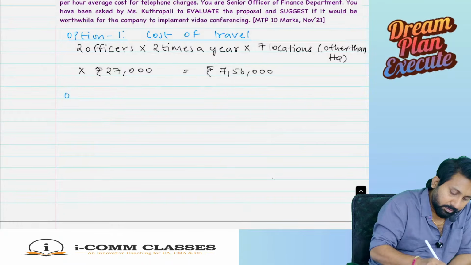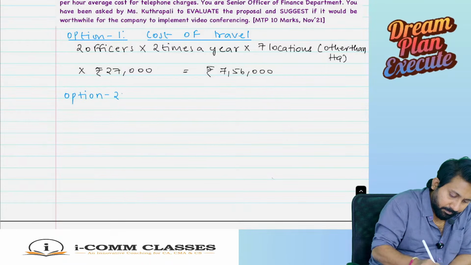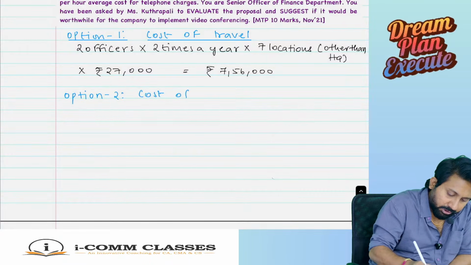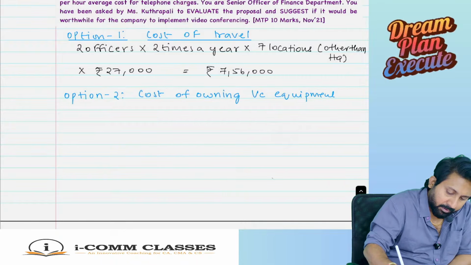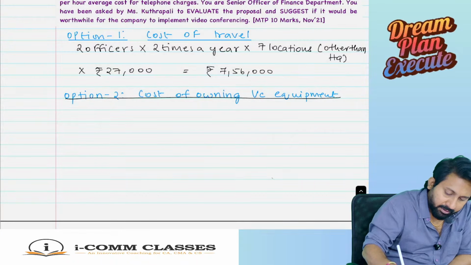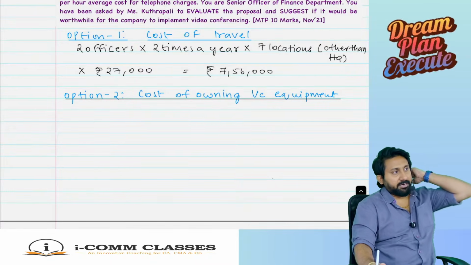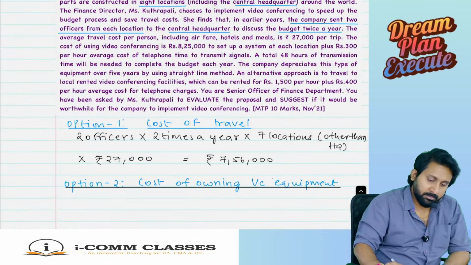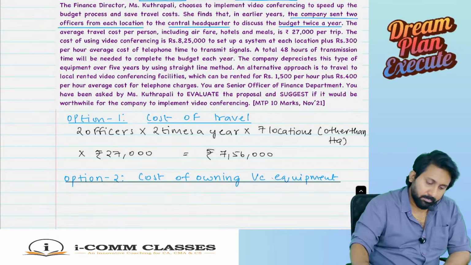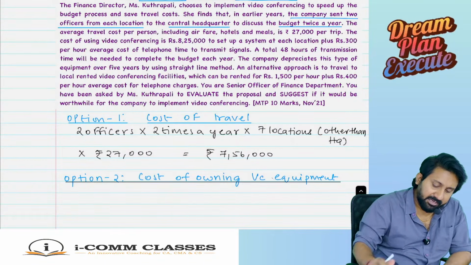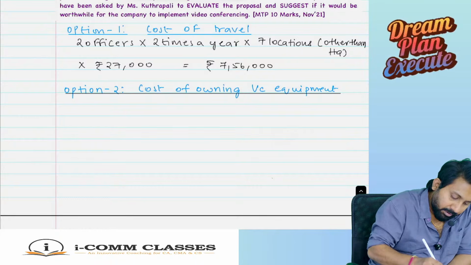Option 2. Cost of owning video conferencing equipment. Number 1.